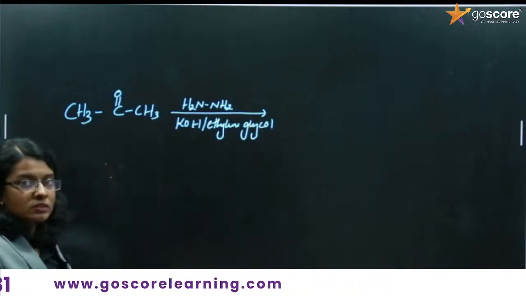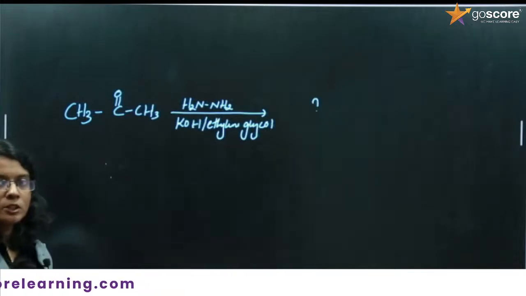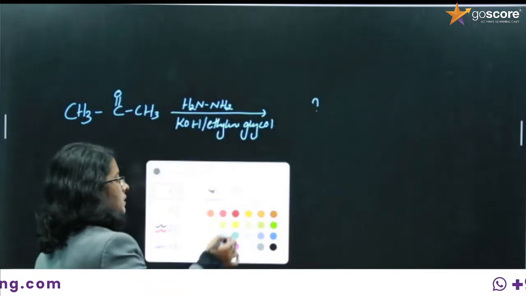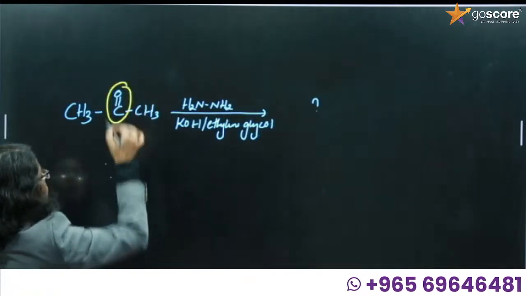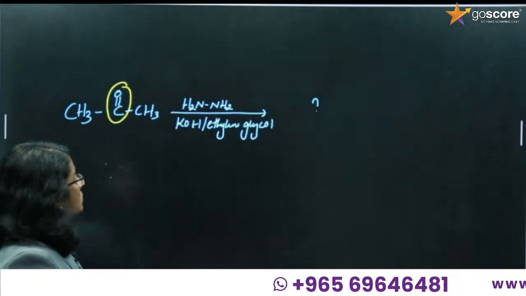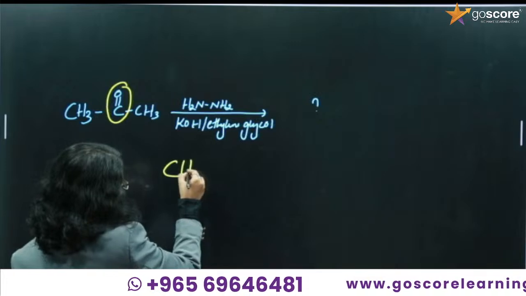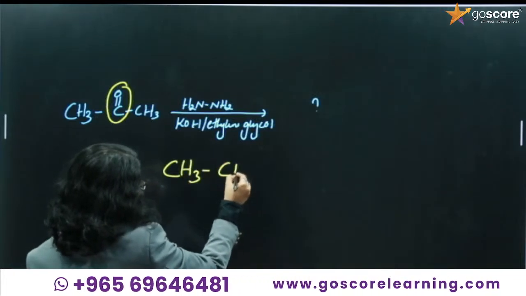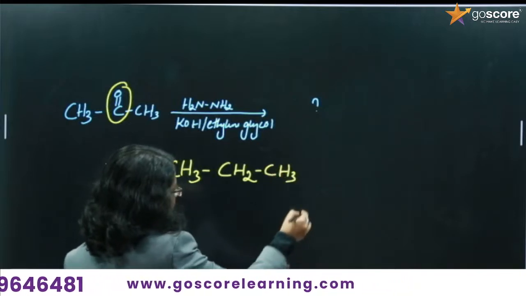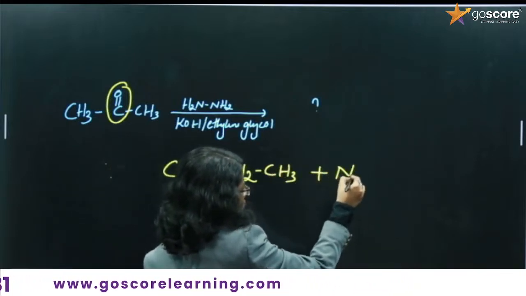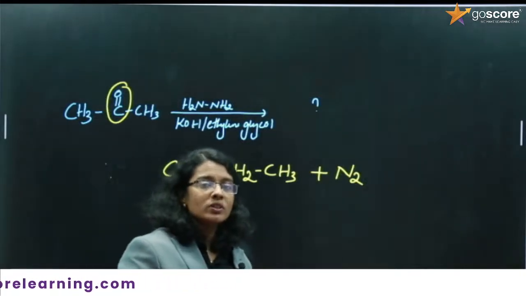Write the product. What is the product? Simple. Here this group will change to CH2. So the product will be CH3, CH2, CH3 plus N2.